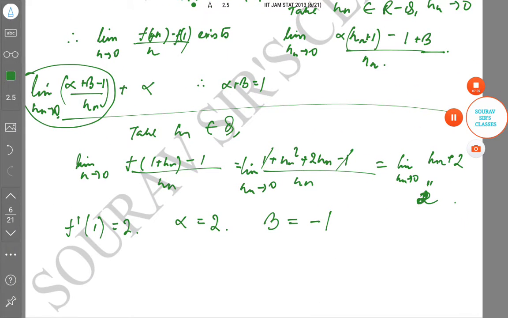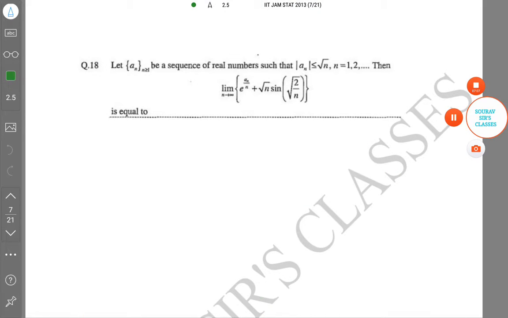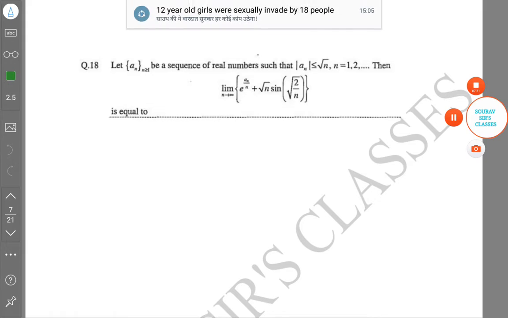We will move on to the next question now. Let an be a sequence of real numbers such that mod an is less than or equal to root n. Then limit n goes to infinity of e to the power an by n plus root n sine root over 2 by n is equal to what? Another complicated expression. We have to find the limit. So how do we do it?